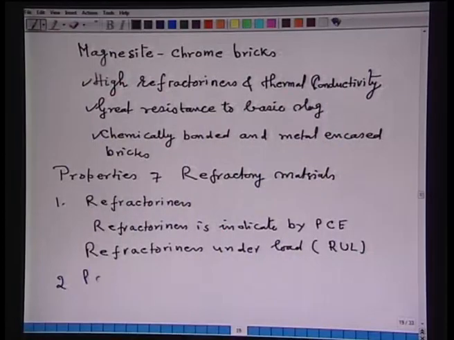For example, when brick layering is been done one after the other, then the bottom brick is under the load of the topmost brick. So, in that case the refractoriness under load is more significant as compared to refractoriness. So, the property depends upon what is the application. Second important property is the porosity and slag permeability.